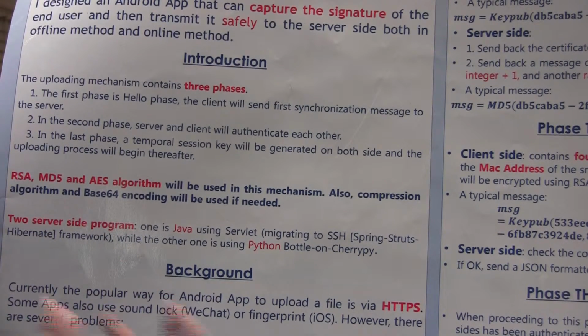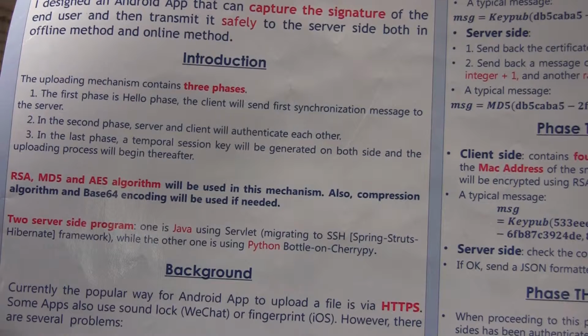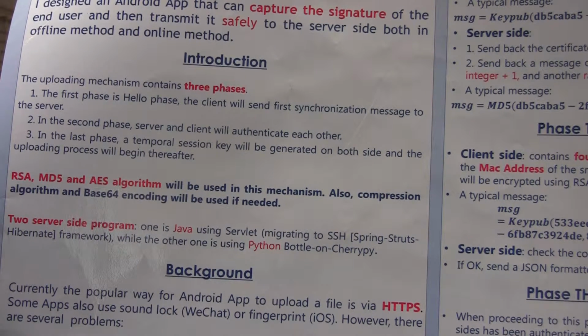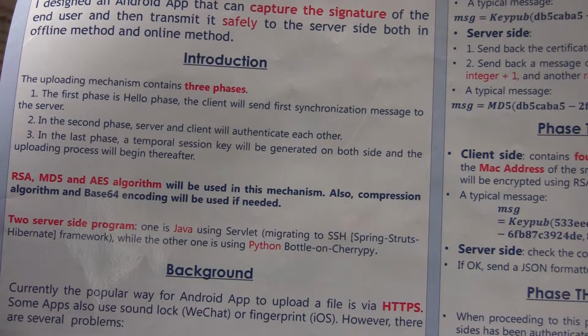The parameters exchanged in the first and the second phase will be fed into a predefined algorithm, and this algorithm will generate the session key that will be used to upload the data on both sides, because the input is the same and the algorithm is the same.